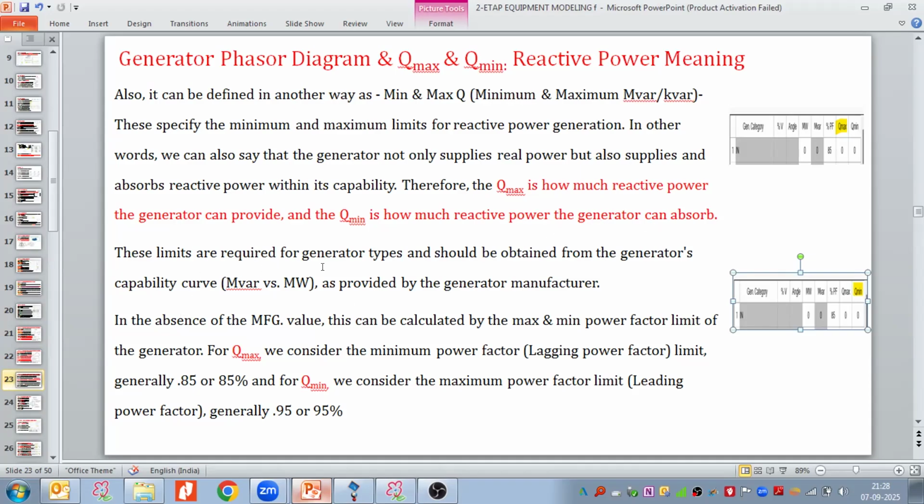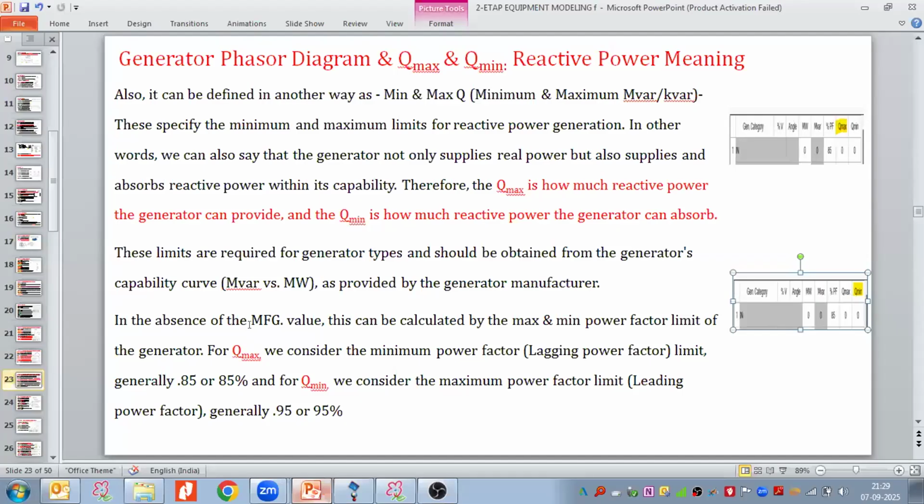These limits are required for generator types and should be obtained from the generator's capability curve, as we discussed in the beginning. This capability curve is provided by the generator manufacturer in their technical data sheet. But if they do not provide it, then considering the maximum and minimum power factor, we can also model this value in ETAP.